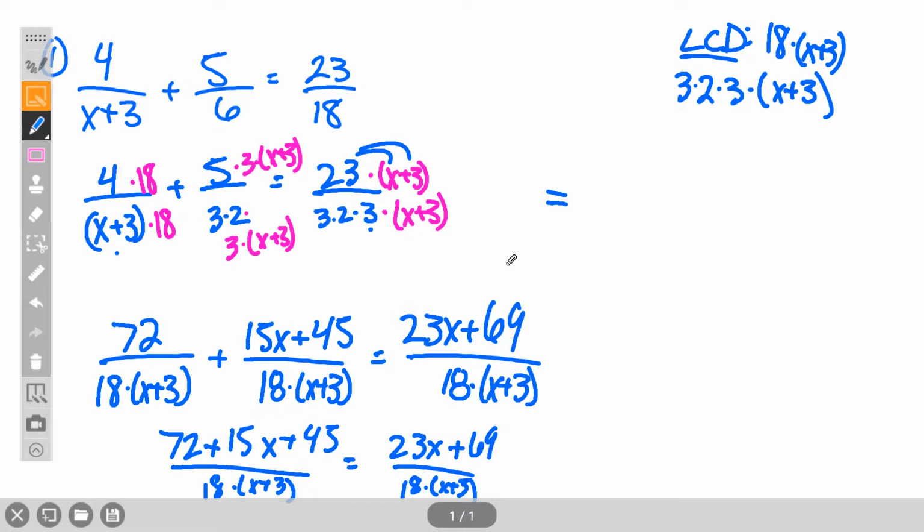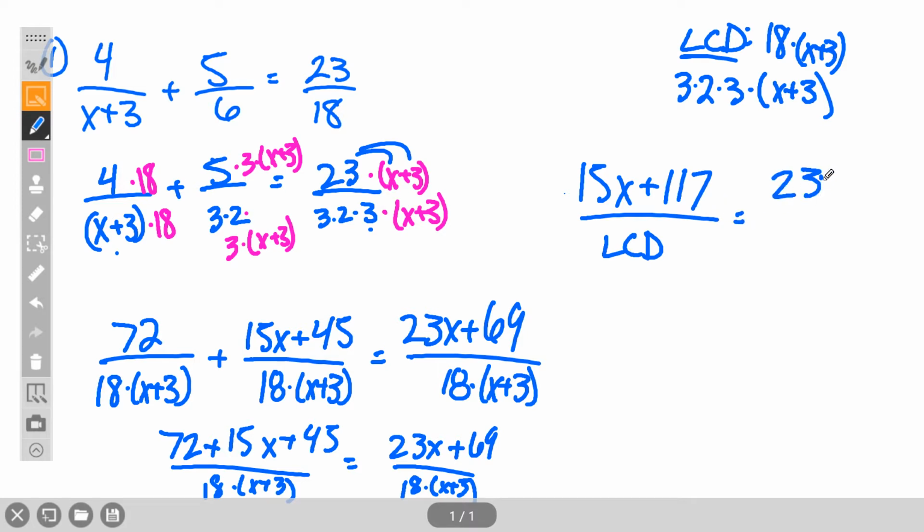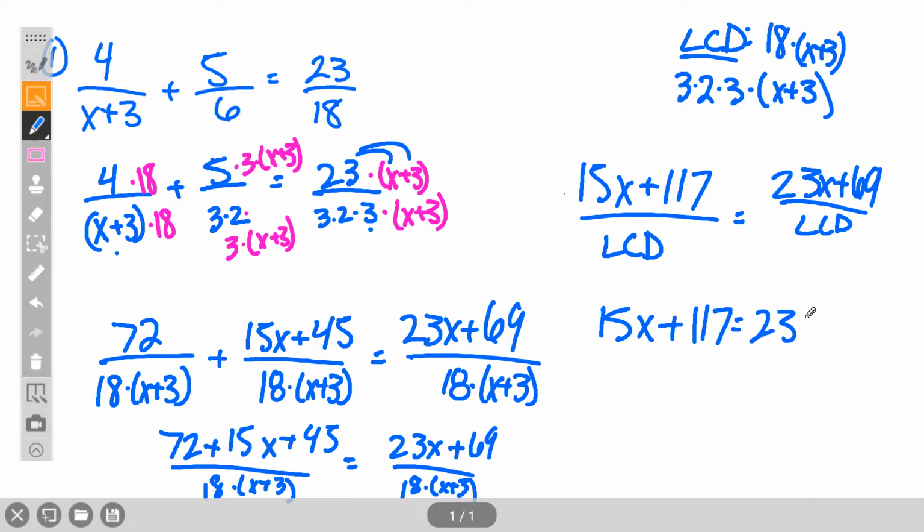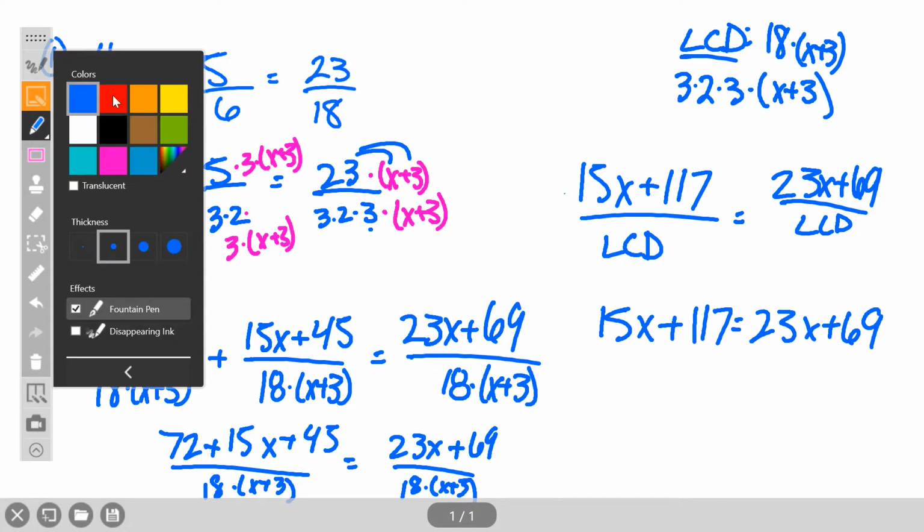If you combine the like terms here, we have 15x and then 45 plus 72, 117, over the LCD, equals 23x plus 69 over the LCD. Now that both sides are over the same LCD, the numerators have to be equal. So we can just say 15x plus 117 equals 23x plus 69, and we can solve this equation.